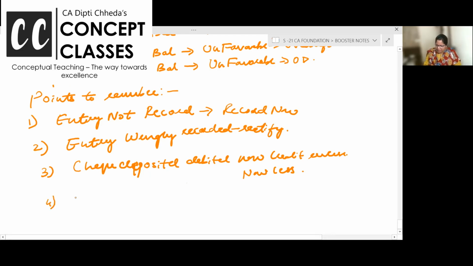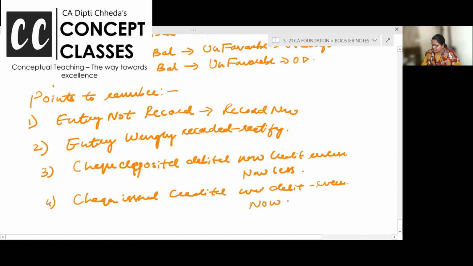Fourth very popular entry, check issued. Check issued, credited. Now debit. अब debit करो. Now debit, now add. ठीक है?